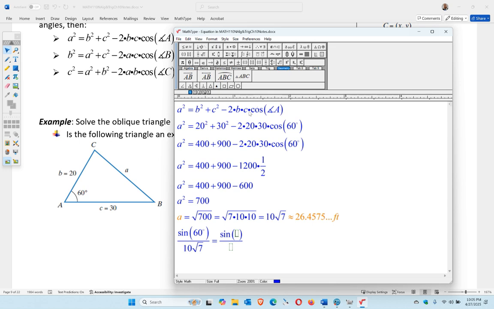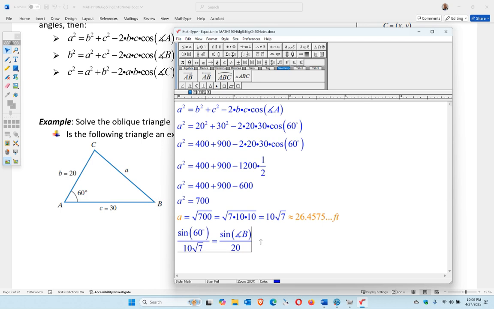We'll pick angle B, and that's going to go with the 20. I picked that one because it definitely has to be smaller than 60 degrees, because if A is 26 and B is 20, then angle B has to be smaller. So if it's the SSA case, it's the smaller of the two angles, essentially.